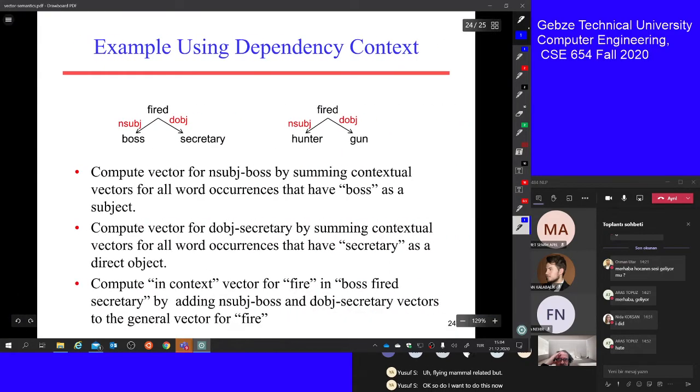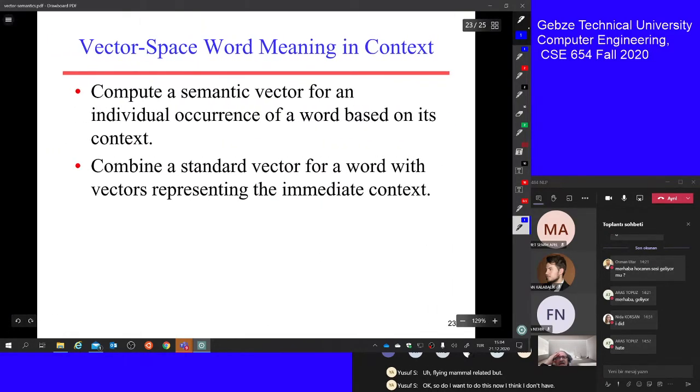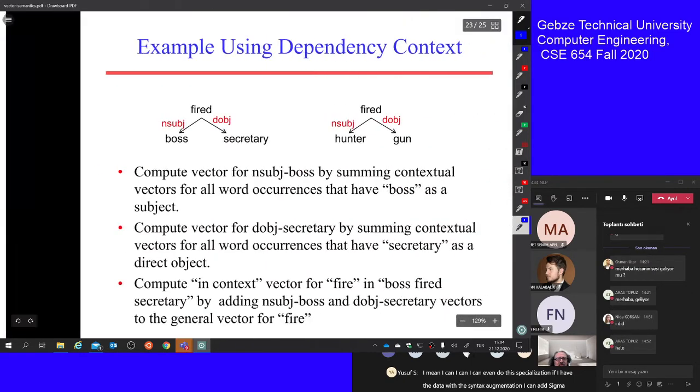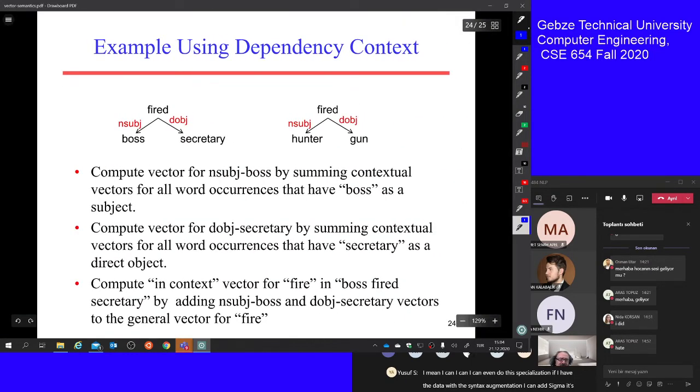No, I don't have to. I can even do this specialization if I have the data. With syntax augmentation, I can add syntax data later to these words by looking at the dependency parse-trees, but I don't want to go into that detail yet.